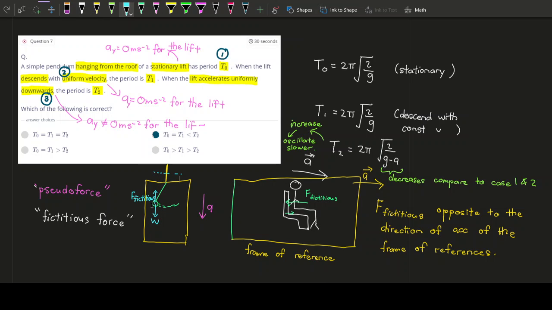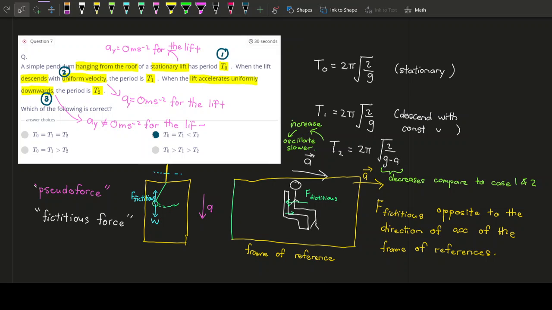So it takes an infinite amount of time to finish one complete oscillation, which is parallel with what we are saying here. When we have acceleration downwards, you are increasing this period, and it makes it oscillate slower.